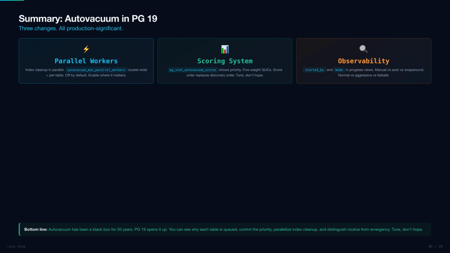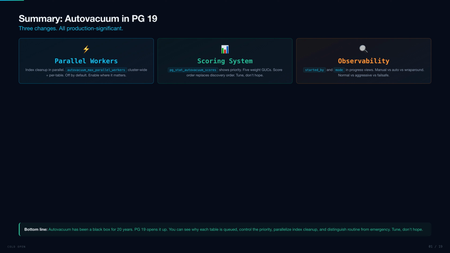3 changes. All production significant. Parallel workers, index cleanup in parallel. Off by default. Enable where it matters, tables with many or expensive indexes. Scoring system, pg_stat_autovacuum_scores shows you why each table is queued. 5 weight GUCs let you control priority.